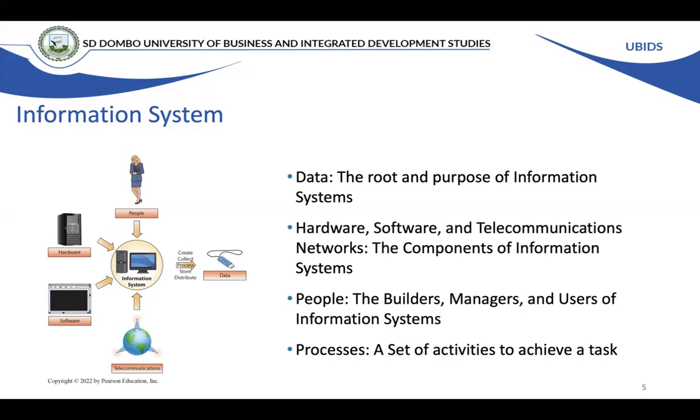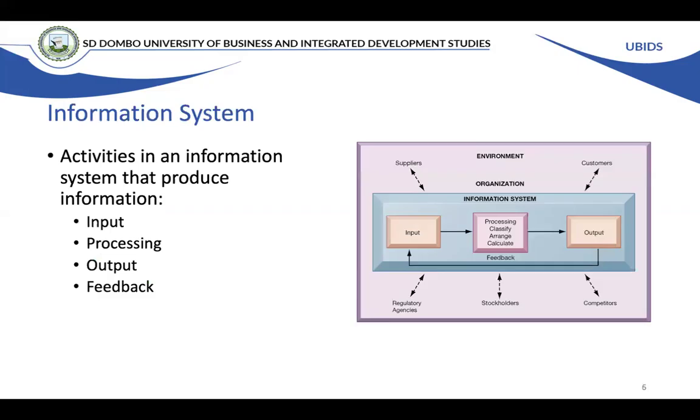So we have the data, networks, software, hardware, people, and then we have processes, which are a set of activities that we perform to achieve various tasks or functions. We know an information system has the input, processing, and output cycle, which is used by both the internal and the external environment.